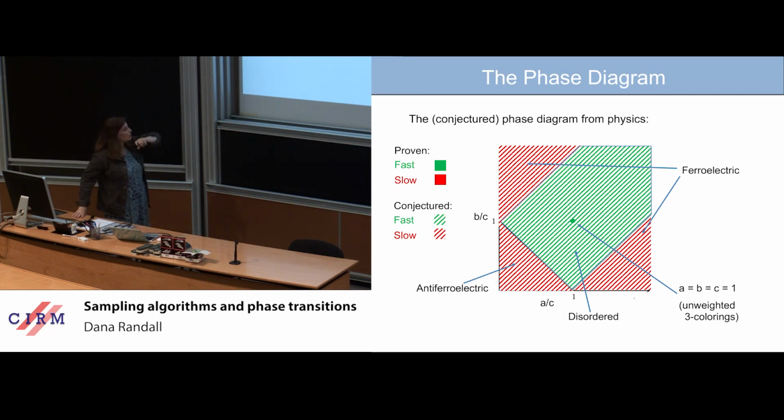What's conjectured is that in the antiferroelectric and the ferroelectric regions, if your parameters are from there, the chain can be slow. And in this disordered region, we believe that the Markov chain is always polynomial time, and that there are sharp transitions at this weird rectangle.